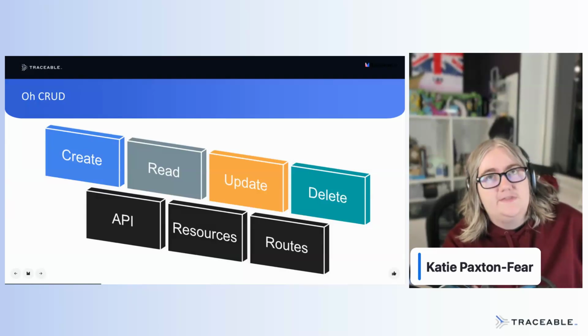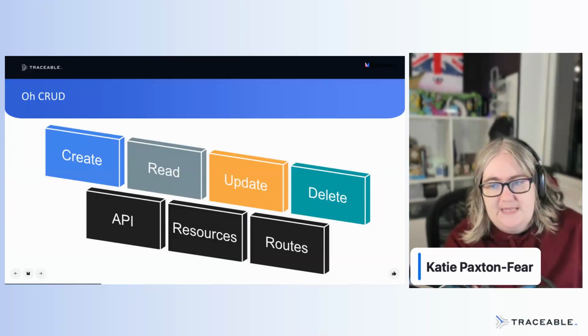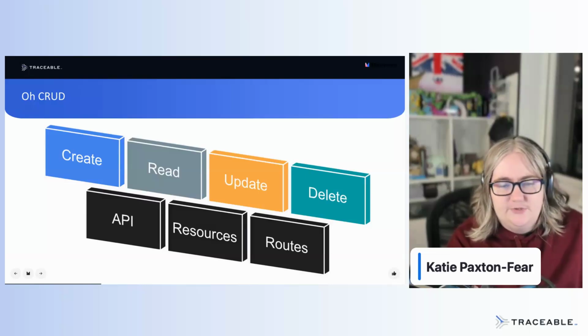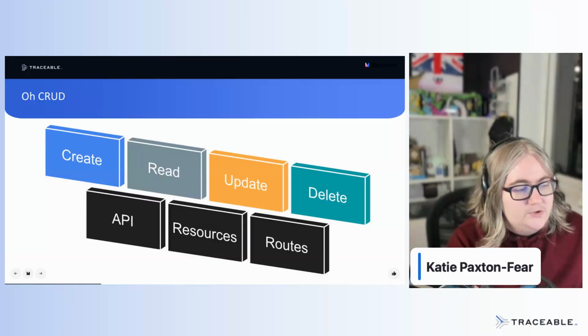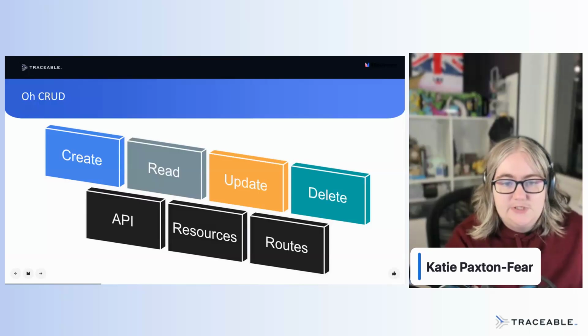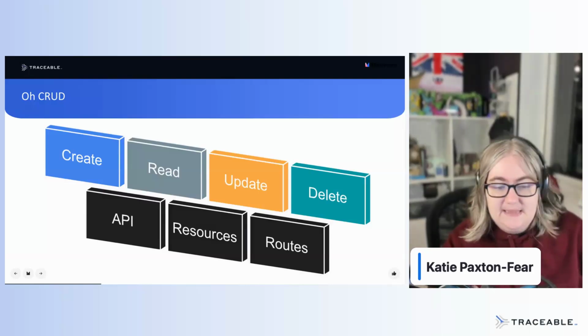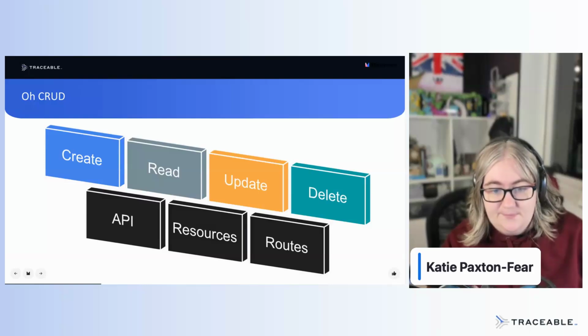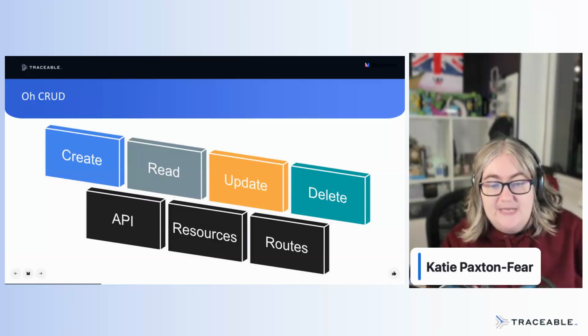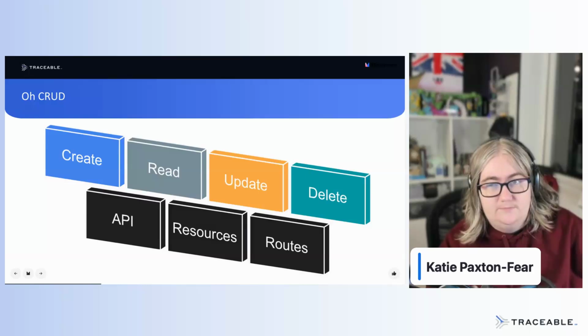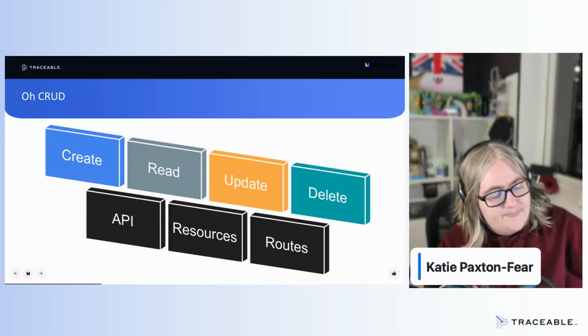CRUD is kind of the lowest thing you can do with an API. It describes everything you can do with a single resource. You'll also hear the term API. That usually refers to a collection of endpoints. Endpoints are simply URLs that do something, that don't return a 404 error.